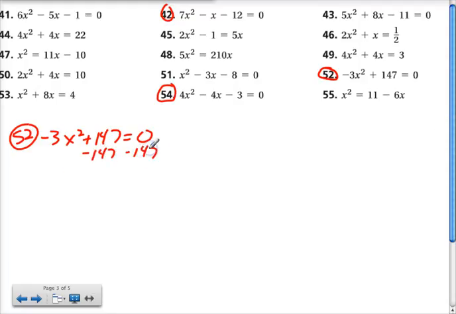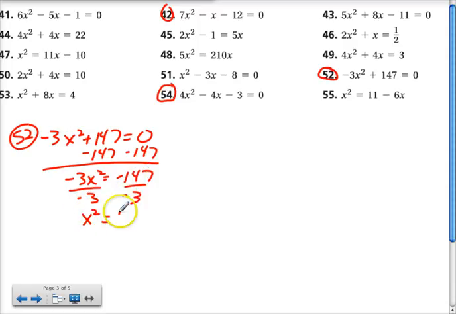I can subtract 147 from both sides and then divide by negative 3. And then take the square root. So positive and negative 7 for number 52.